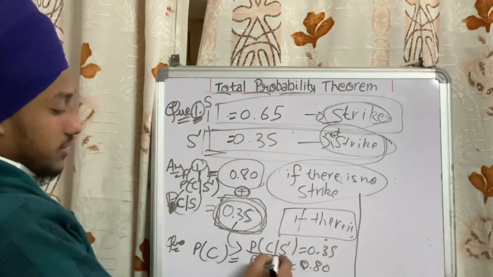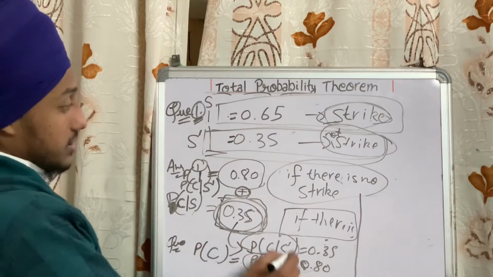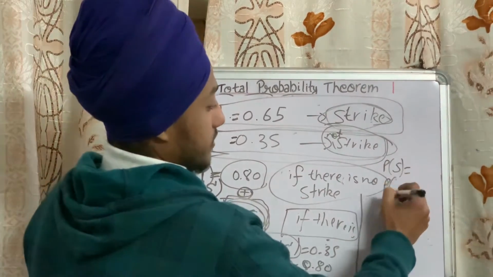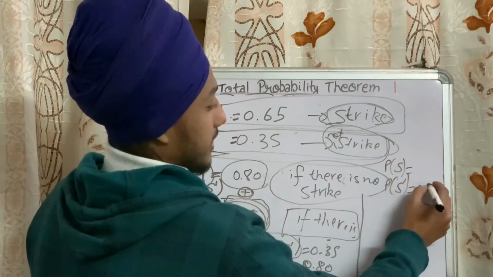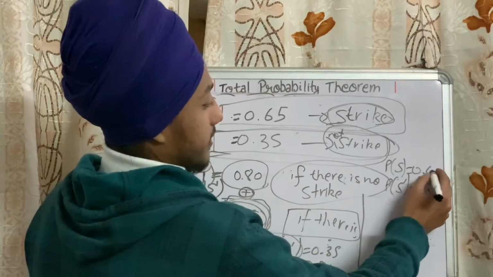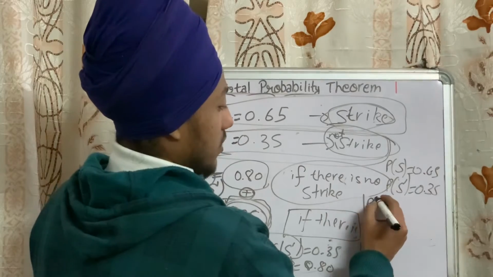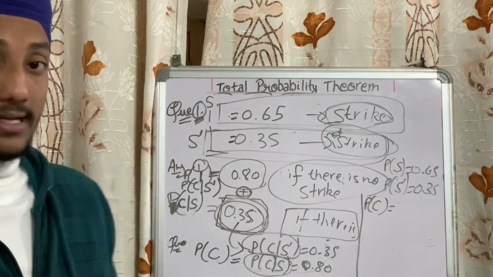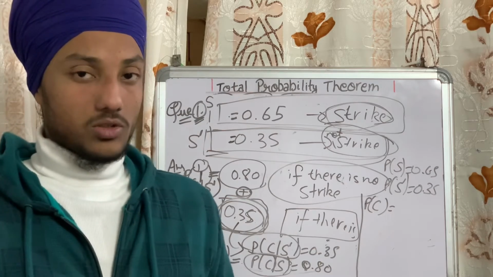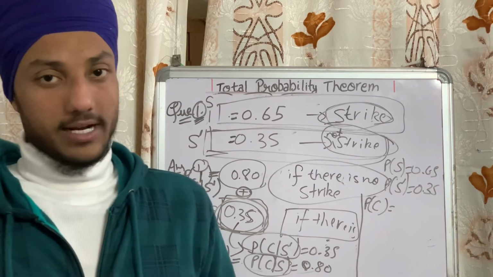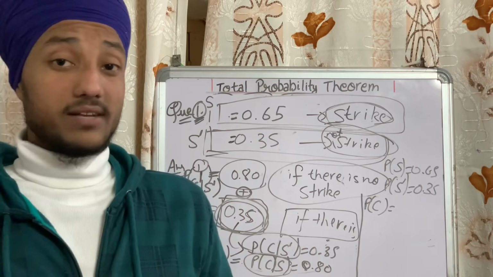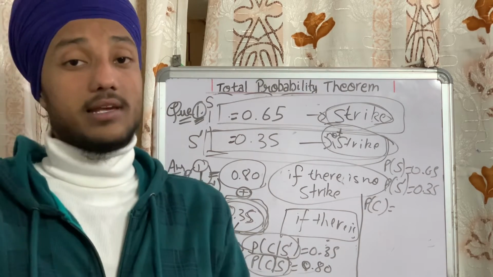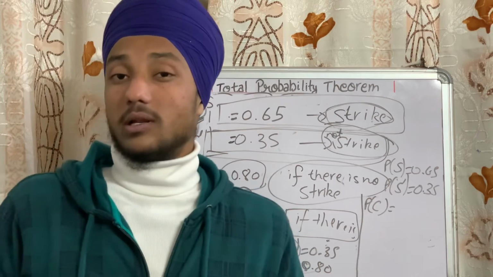we also know the probability of strike. What's the probability of no strike? That's 0.35, and strike is 0.65. Now, just using our formula, what's the probability that the construction can be done? If the strike has happened, what's the probability? And adding another factor, if there is no strike, what's the probability of that?